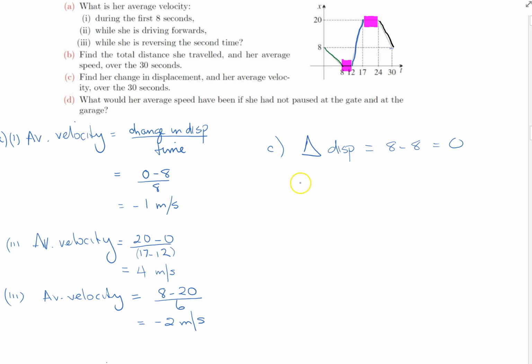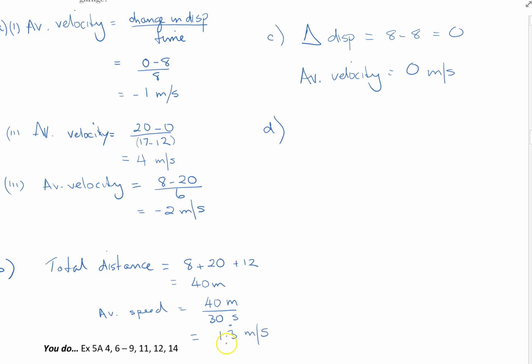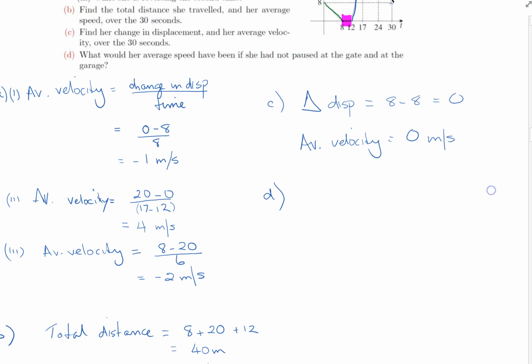We know that that then means that her average velocity will also be 0, because it's the change in displacement divided by time. 0 divided by anything is 0 metres per second. And so you can have an average speed of 1.3, but an average velocity of 0.